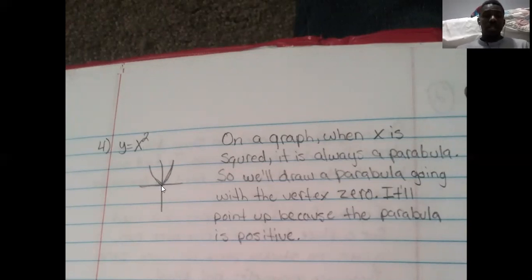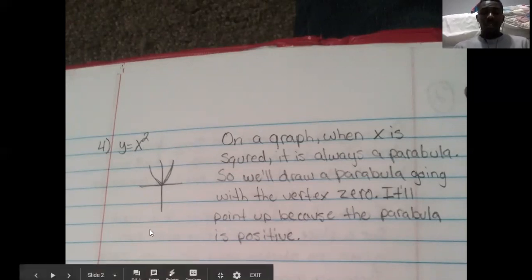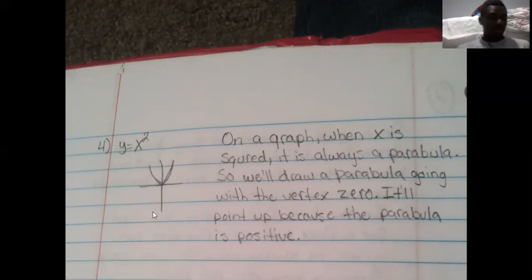So for the parabola, it'll pretty much be a U, but the bottom of the U, where it touches the x-axis, will be at 0. So right here, I drew a nice little U, boom, it touches at the vertex, which is 0, and goes back up. It opens upward because it is positive. If it was negative, it would open downward, and it would be flipped on the other side. Still going through 0, but it would be flipped.